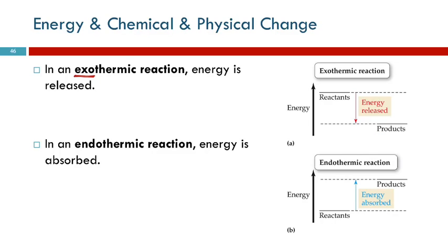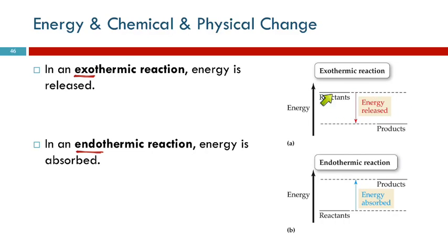Endo sounds a little bit like in. Endo means going in. It's the opposite of exo, endo and exo. In an endothermic reaction, energy is coming in to the substances. So here you start with the reactants at low energy. They're going to absorb energy from some other source and give you products that are higher in energy.